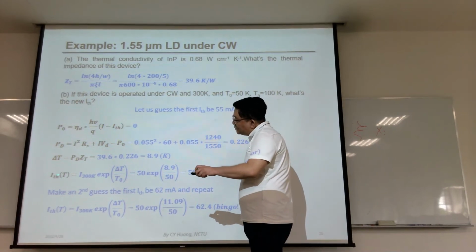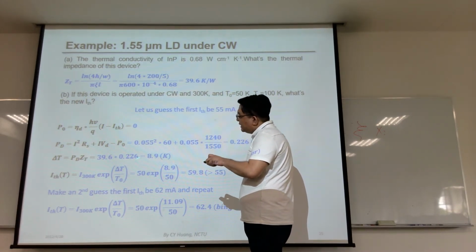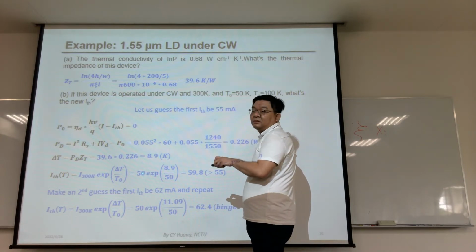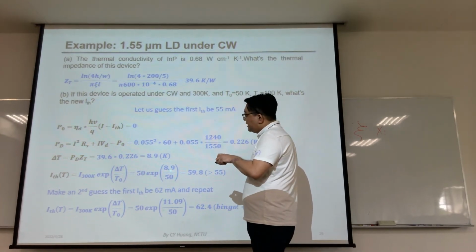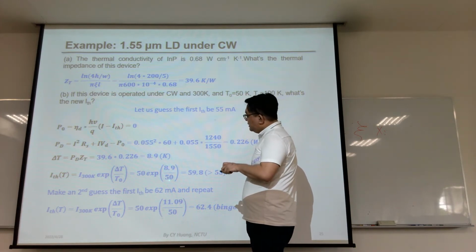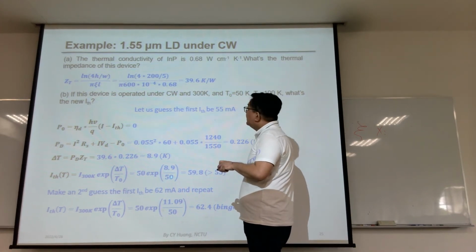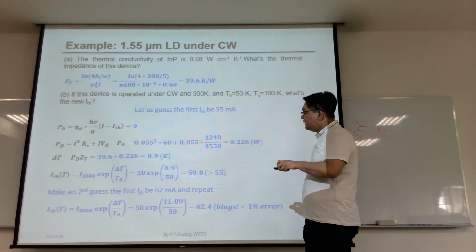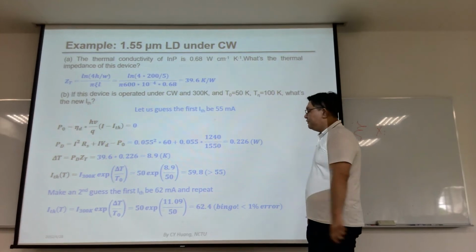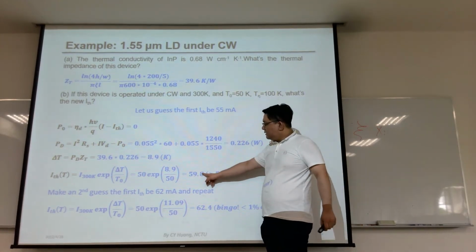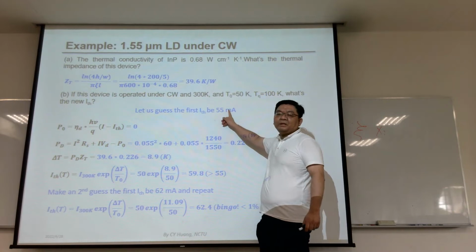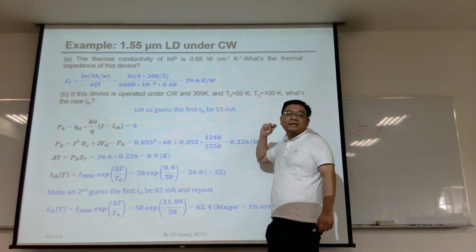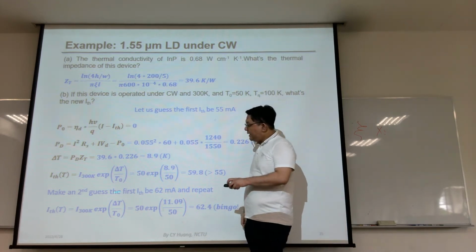And the ITH, then we have the delta T here, and we know the reference ITH is 50, and the T0 is given as 50 Kelvin. So the ITH will be 59.8, which is a little bit higher than your guess. Then we can make a second guess.